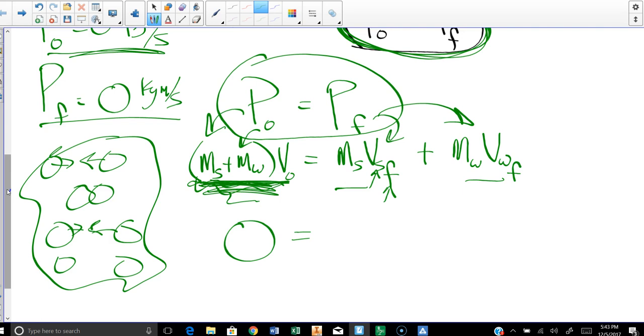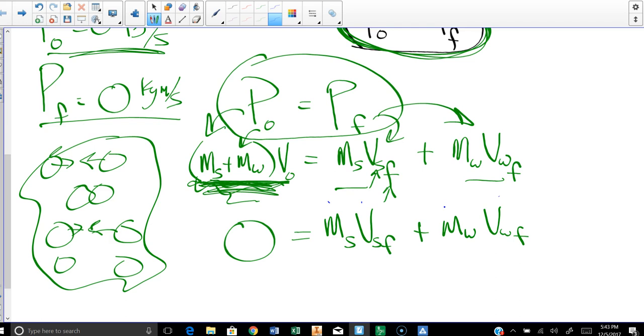So if we knew, let's say, Shaq's mass, Shaq's final velocity, plus Wellborn's mass, all you need to know now is 3 of these 4 things, and you can find the 4th.